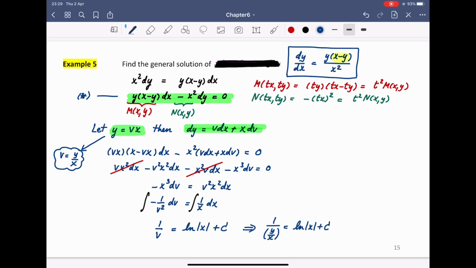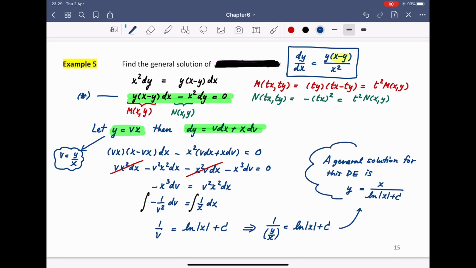Once you simplify it, the general solution for this differential equation is y equal to x over logarithm of absolute x plus c. You just simplify it, and this is your final answer.